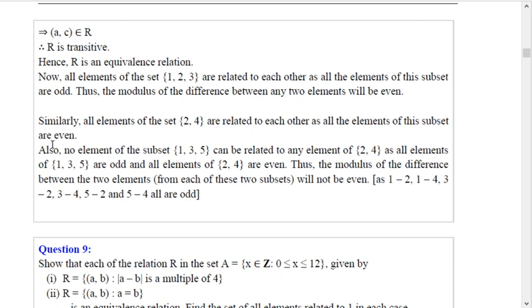Also, no element of the subset {1, 3, 5} can be related to any element of {2, 4}, as all elements of {1, 3, 5} are odd and all elements of {2, 4} are even. Thus the modulus of the difference between two elements from each of these two subsets will not be even. Suppose one is chosen from here and two from here, then you find the modulus, you will not get even. So that's what we have written.